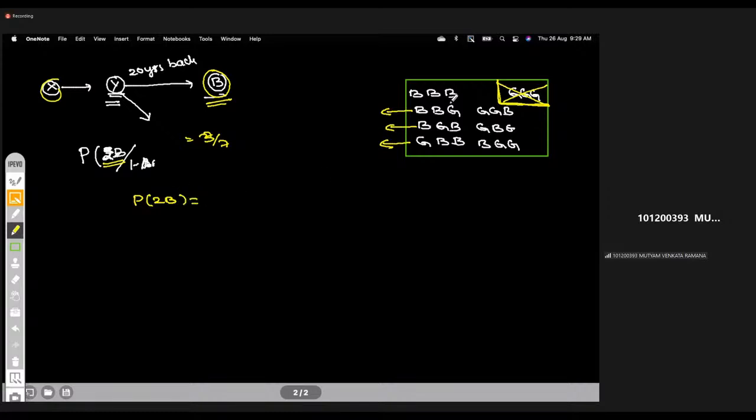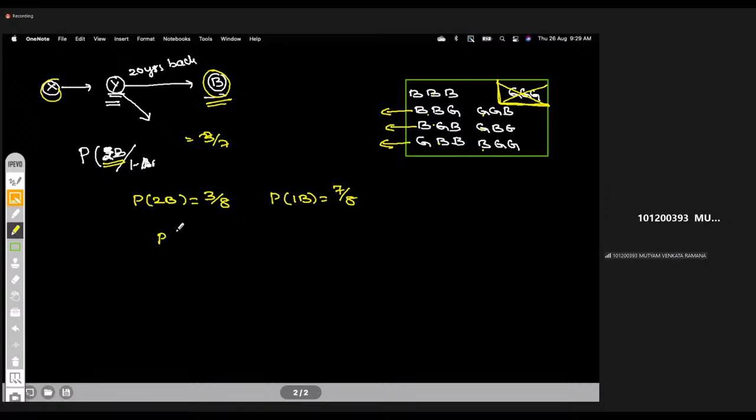If I take probability of 2 boys out of the total, 3 out of 8. Probability of 1 boy means at least 1 boy. At least 1 boy is 1, 2, 3, 4, 5, 6, 7, so 7 out of 8.